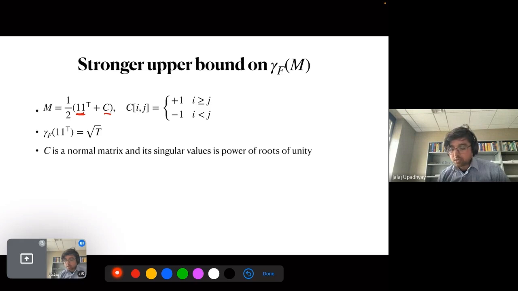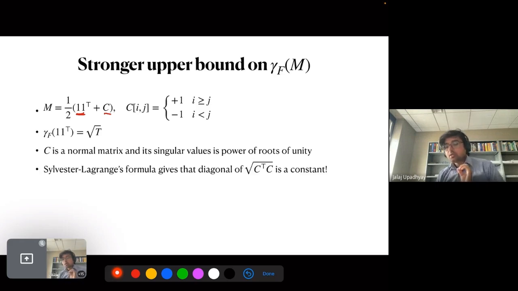And when I look at this, the other thing I can show is that every diagonal entry of C transpose C is the same value.